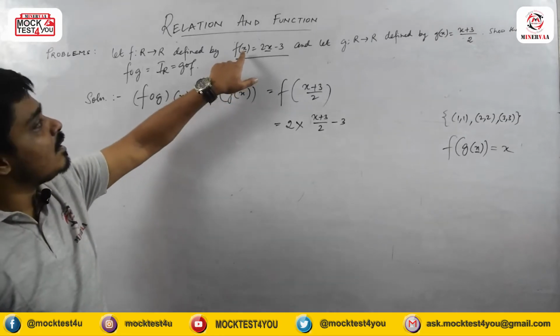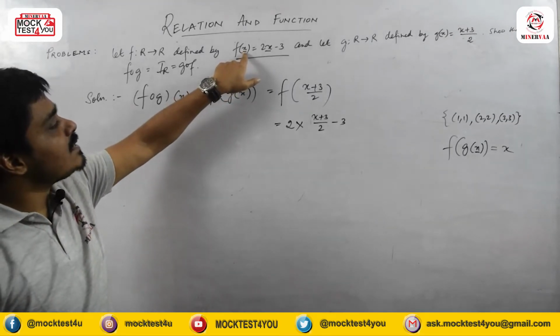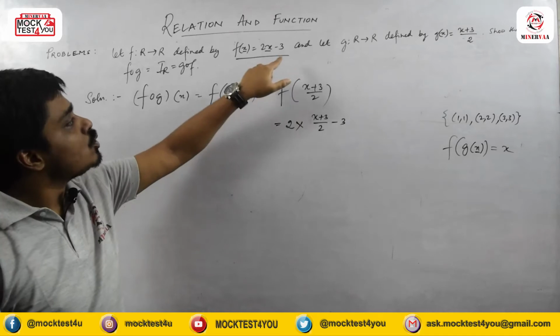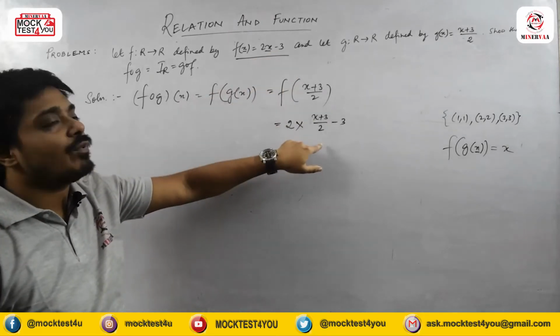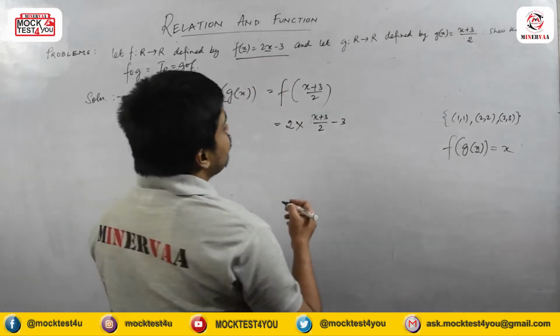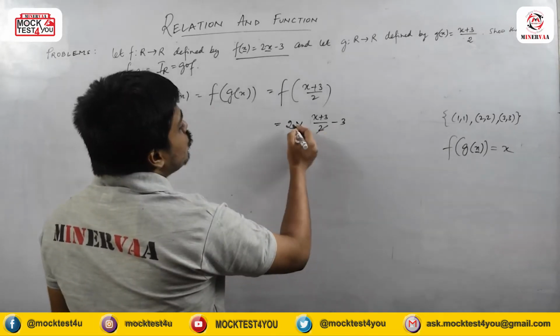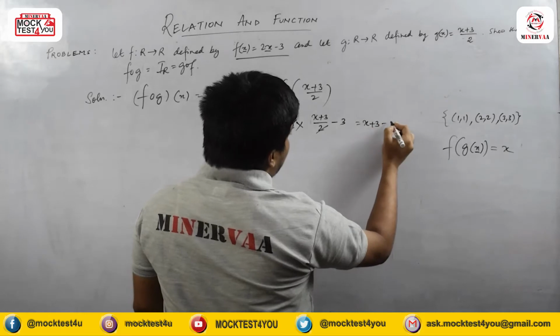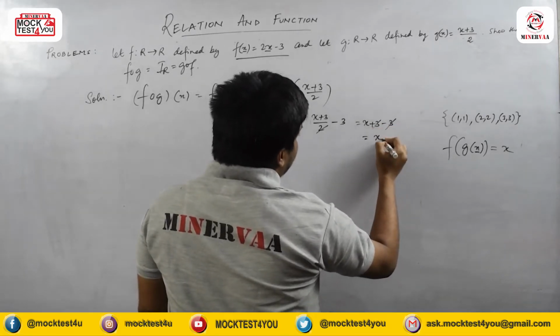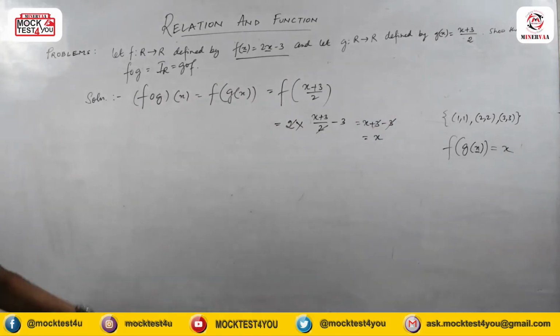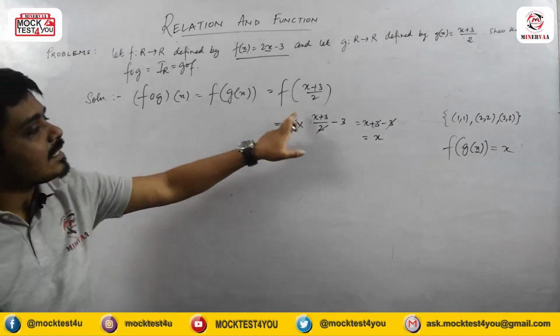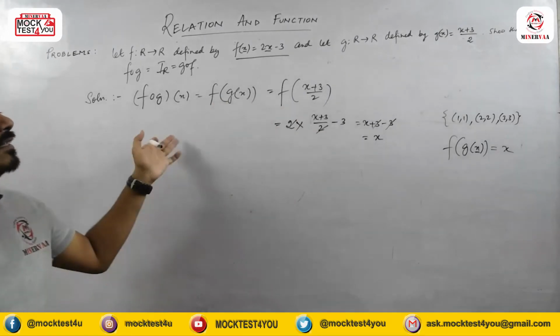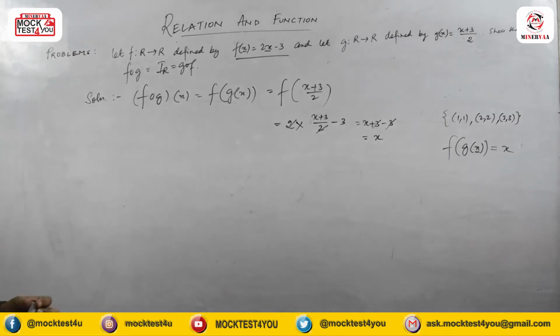So in this f(x), I am replacing x with (x plus 3) by 2, right? So in here also x, I will replace that with (x plus 3) by 2. That's what the function is. Now 2 goes out, right? So what I have in here, x plus 3 minus 3, 3 goes out, we get x. So f of g(x) is equal to x. So that means this is an IR, identity relation in R.